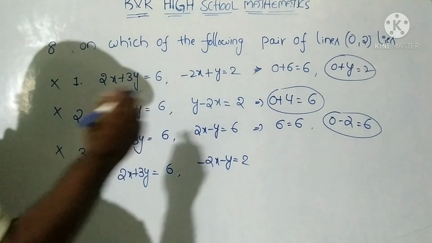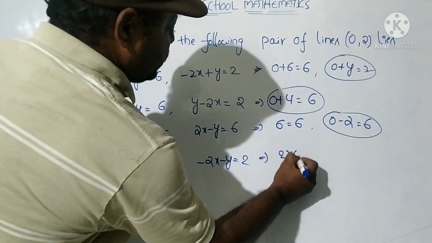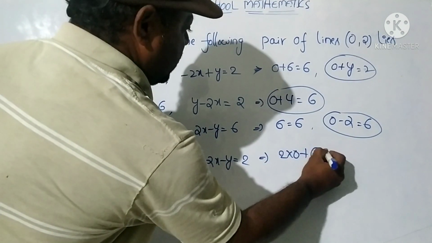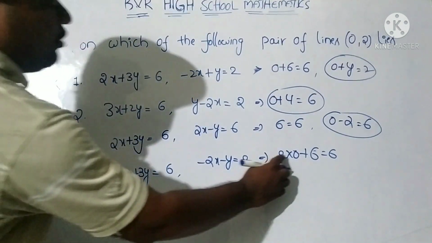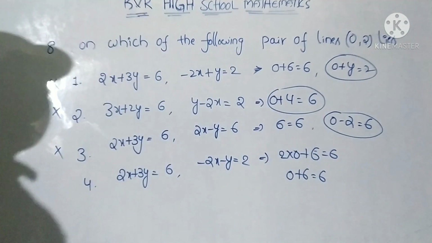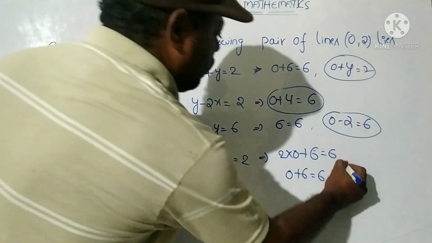The x coordinate is 0 and the y coordinate is 2. That implies 2 into 0 plus 3 into the y value, and 3 twos are 6. So 2 into 0 is 0, 0 plus 6 equals 6. The first equation is satisfied. What about the second equation? Check it also.